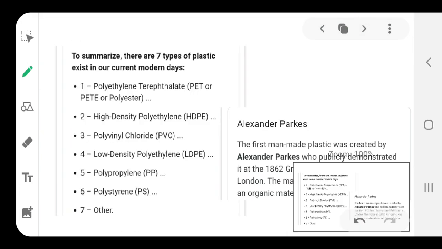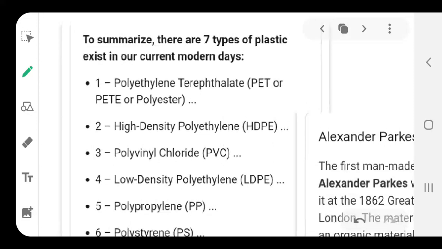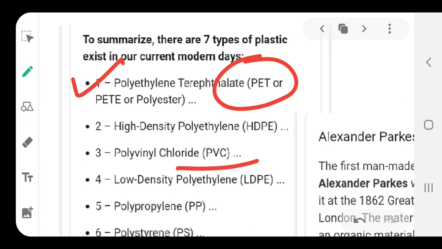Now in our syllabus we have some of the types, though there are many types. In our book we have two main types that you should know about. The one I have just told you, PET, called polyethylene terephthalate, and the other is PVC. Write it down.